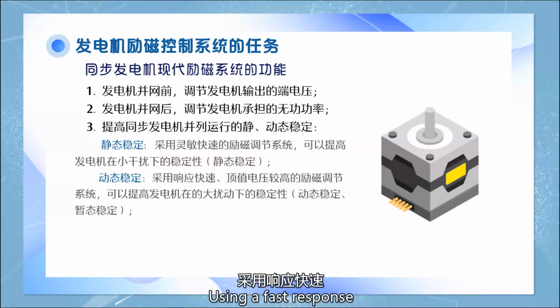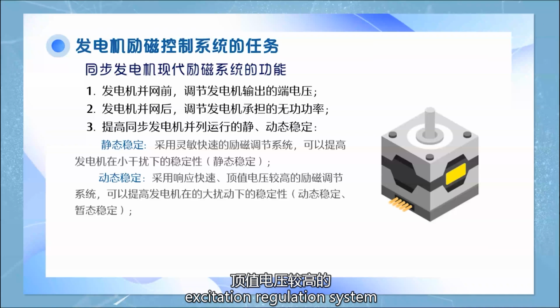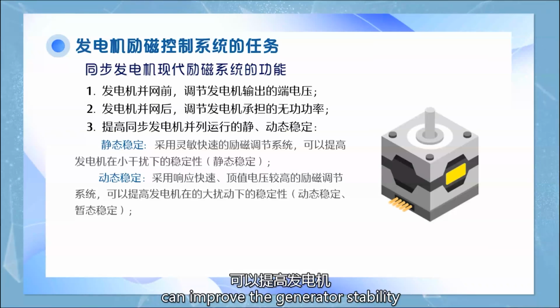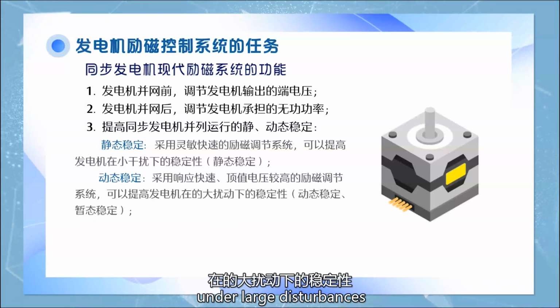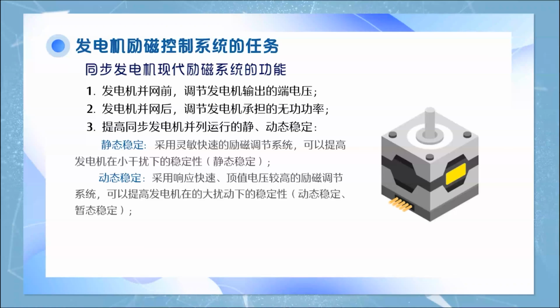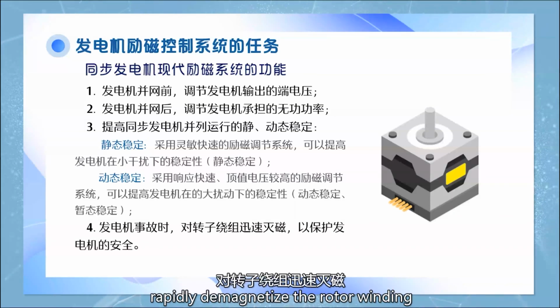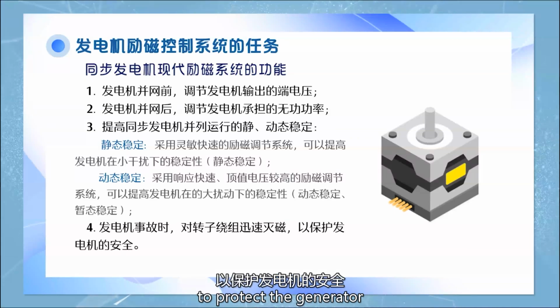Using a fast response excitation regulation system with a high top voltage can improve the generator stability under large disturbances. Dynamic stability, transient stability. Fourth, in case of generator accident, rapidly demagnetize the rotor winding to protect the generator.